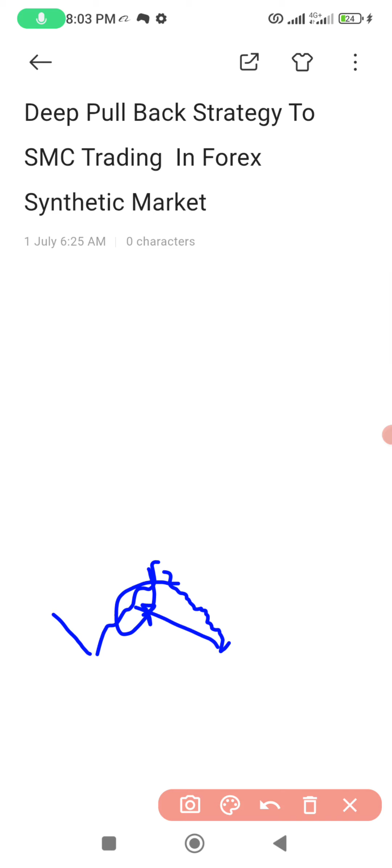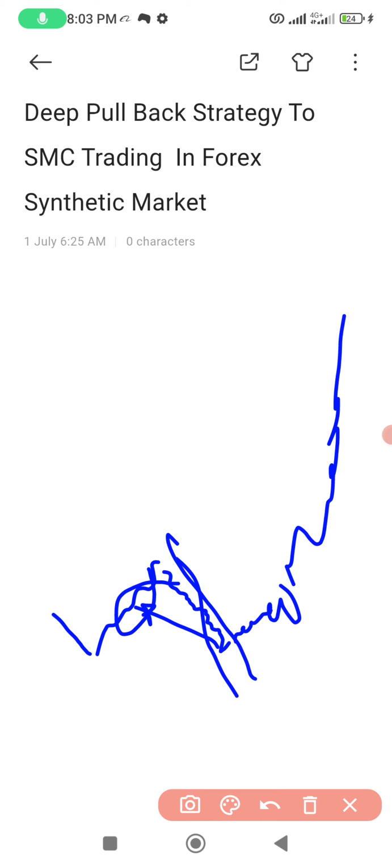You wait for this pullback, which will take out stop losses of impatient traders, and then when it really changes trend, when you draw your trend line, and you notice that it's actually vibrating outside the trend line, that is when you take an impulsive trade. Okay, but there is an issue with this idea.